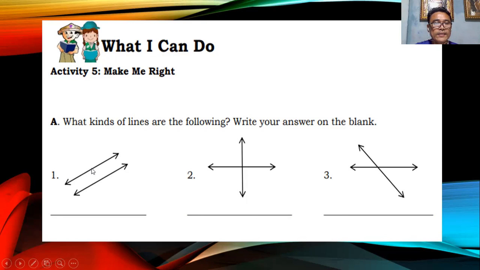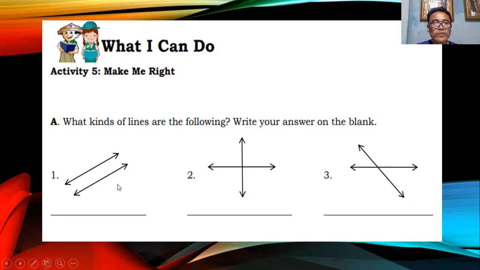They do not touch each other. The number 2, it has a square corner. Then number 3, with a common point.